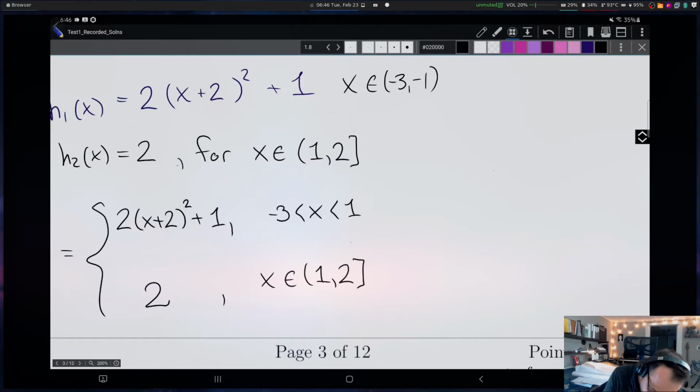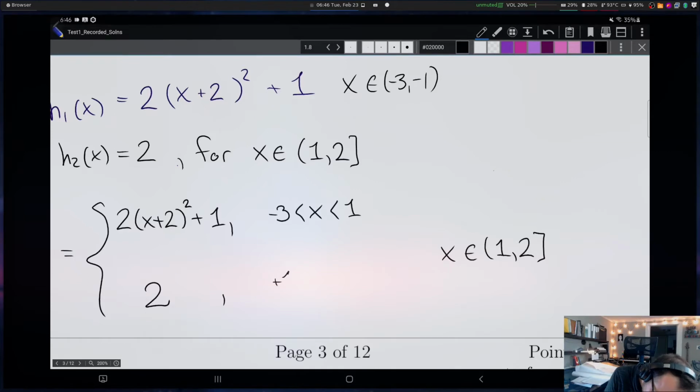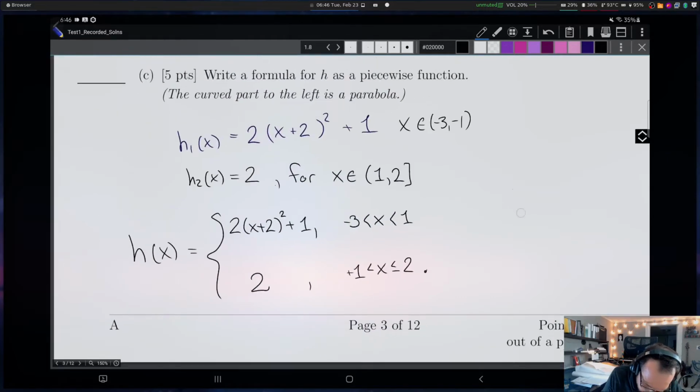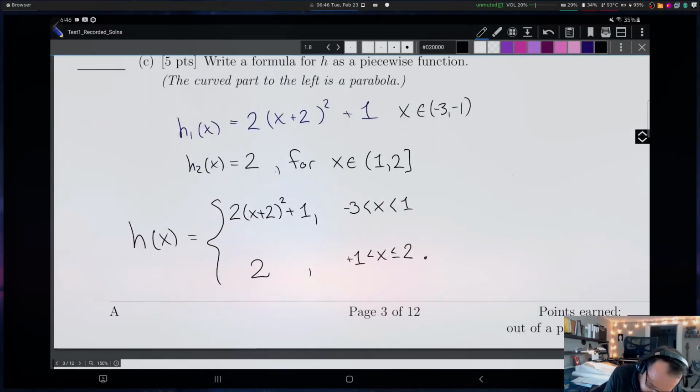Okay, so now for the second one, we can do the same thing. If x is in (1, 2), we don't include 1, so we have x strictly bigger than that. But we can possibly include x equals 2, so we can have x less than or equal to 2. Okay, and they've asked us for a formula as a piecewise function, and there we go.